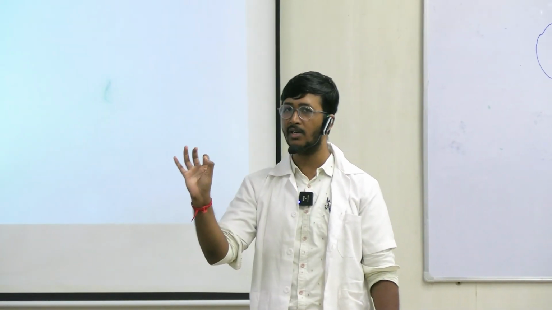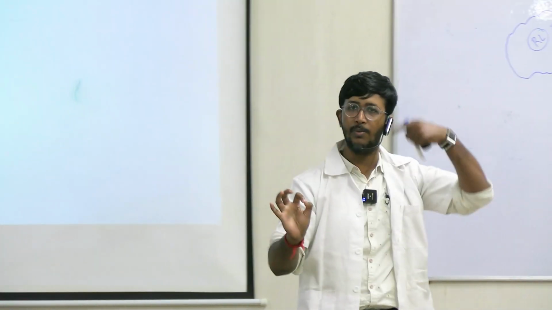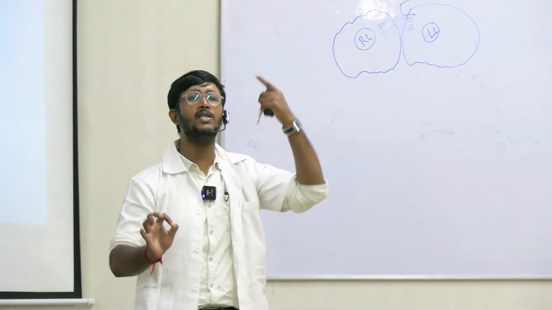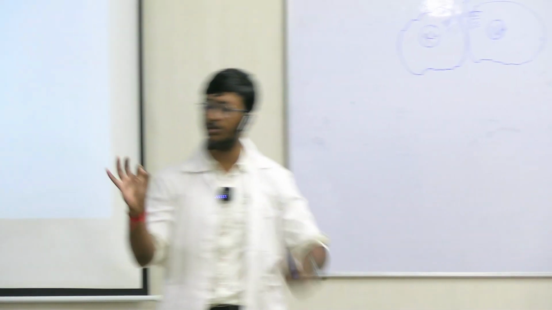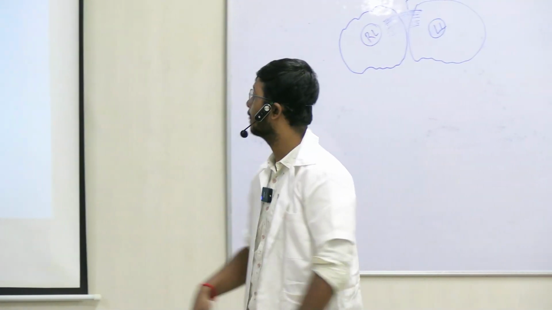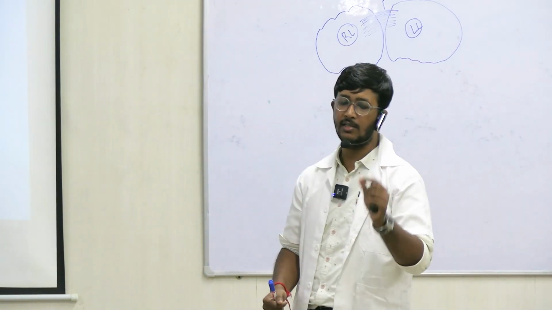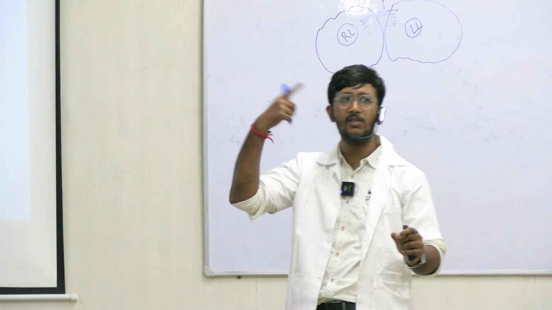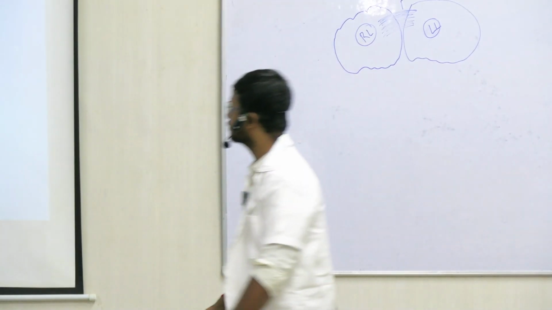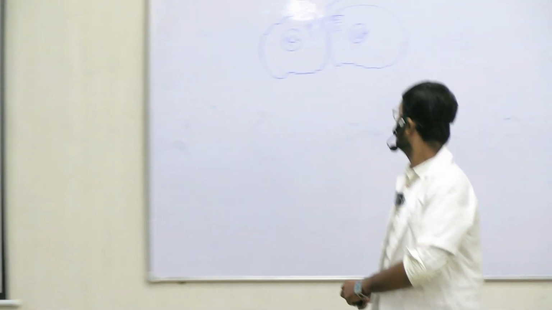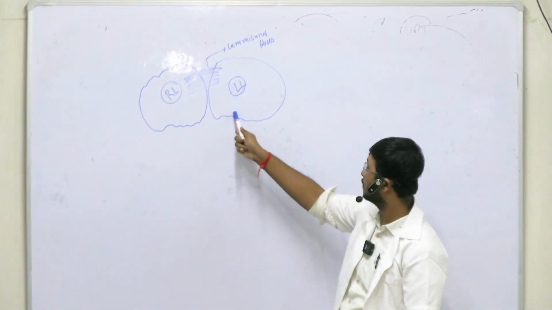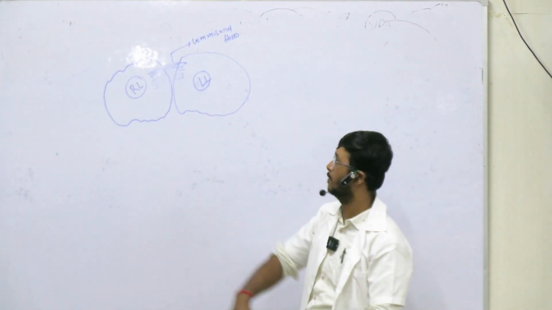So this is our dominant hand, so this hemisphere is dominant. Our left hemisphere of the brain is dominant. That is why we use our right hand so much. In case of lefties, the left hand is dominant, so the right hemisphere is more dominant. Okay, so between this right lobe and left lobe are your commissural fibers.